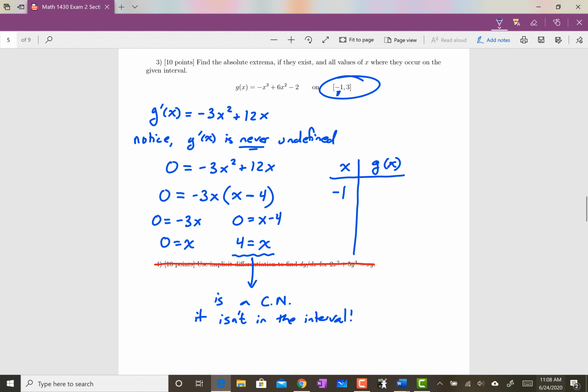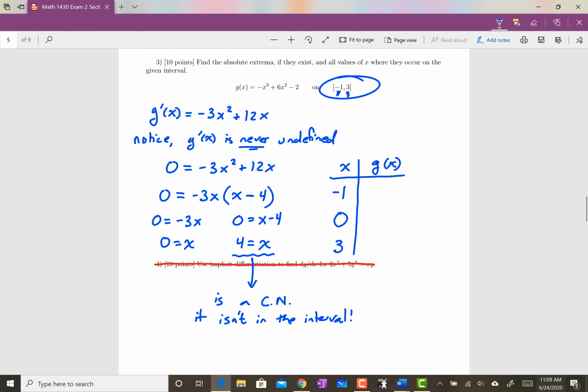And my last endpoint value is 3. Now I'm going to place in between these two numbers any of my critical numbers that fit numerically. 0 is between negative 1 and 3, but 4 is not. So I'm not going to use the 4.